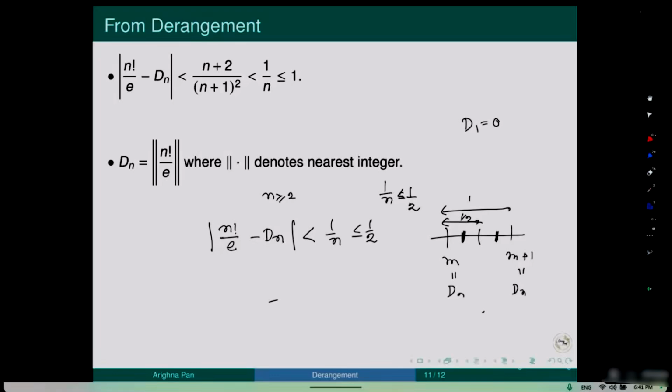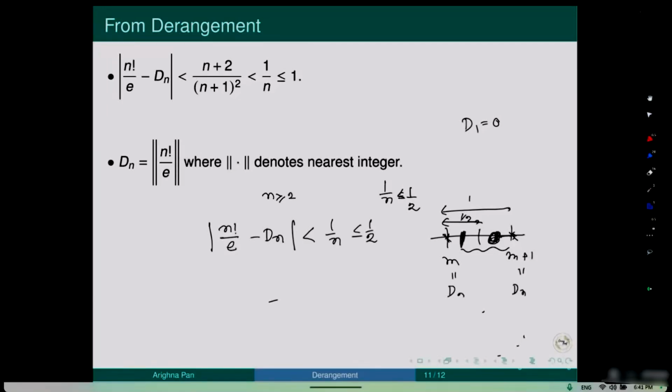And as D_n is an integer, if n factorial by e is here, it cannot take this value, it should take this value. Or if n factorial by e is here, it should take this value. It cannot take this other value, because the length is less than half, right? So it should take the nearest integer value, right?